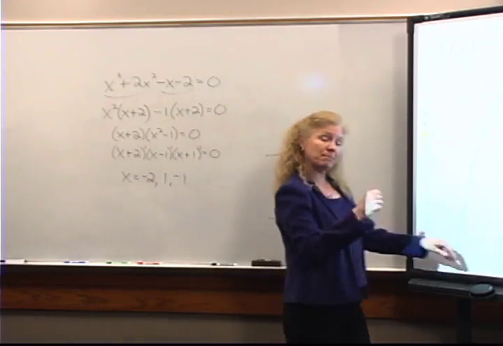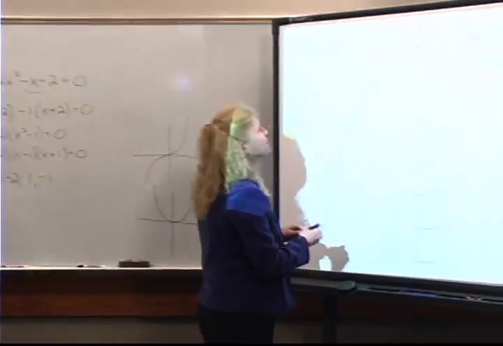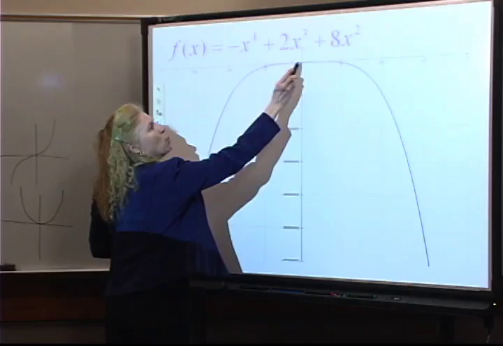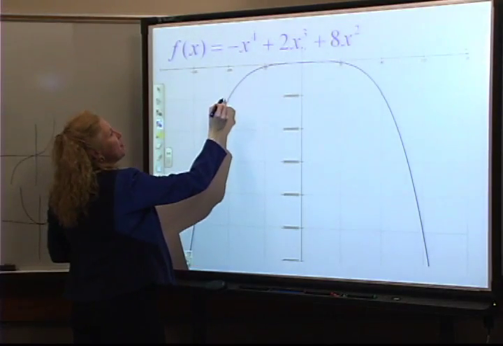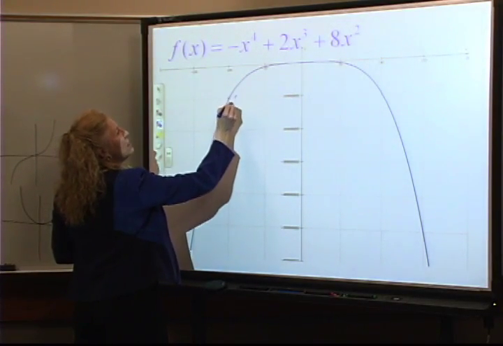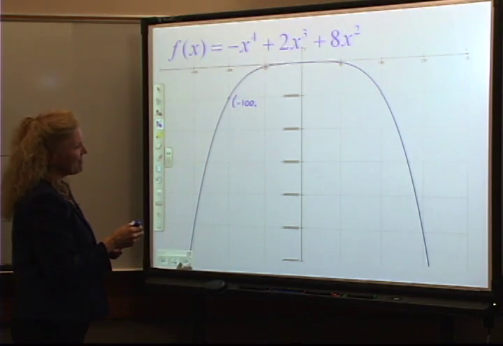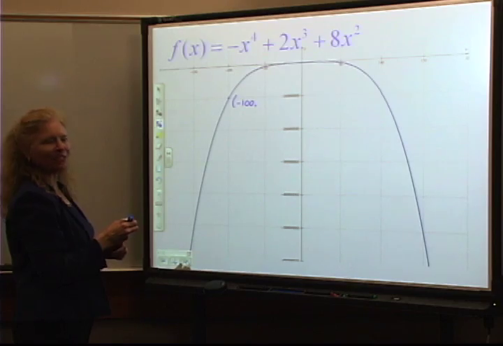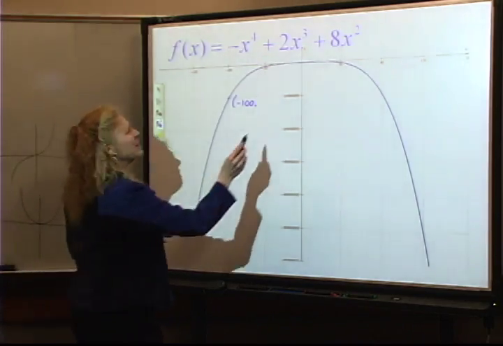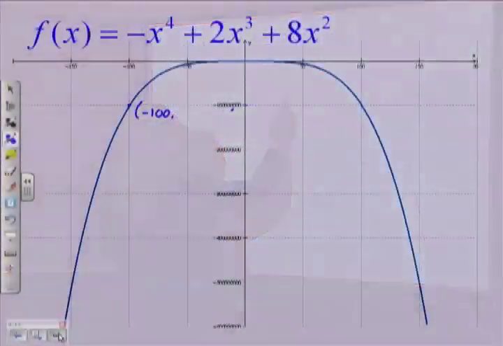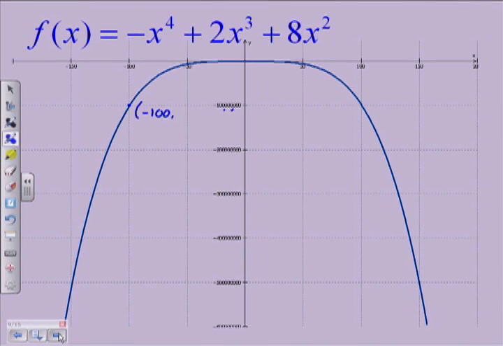If you want some help in making your graph, looks like we go through the origin. We've got negative 100, and I had to change my values here, because running that to the 4th power just got huge. I think, yeah, that's going by 100 millions.